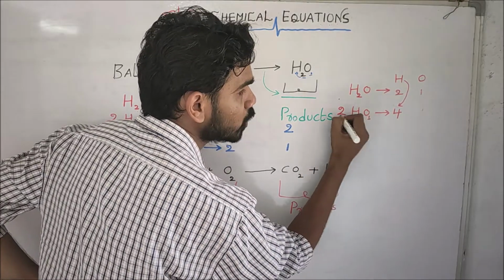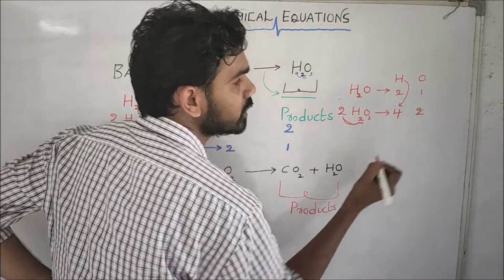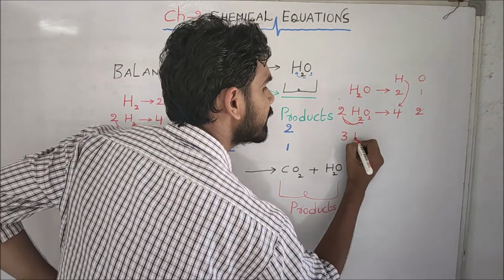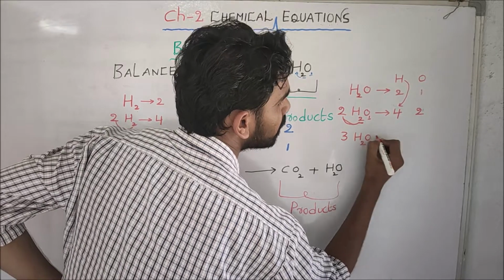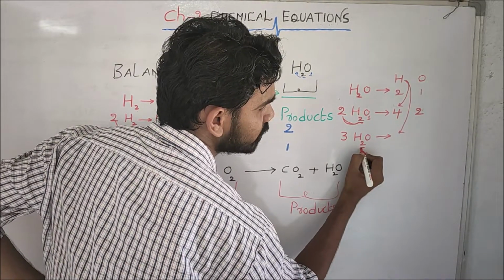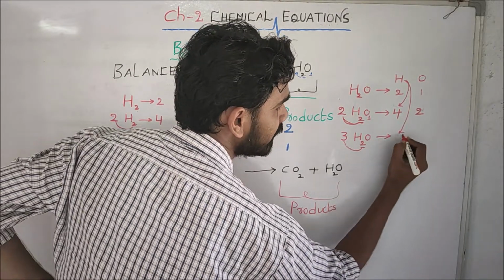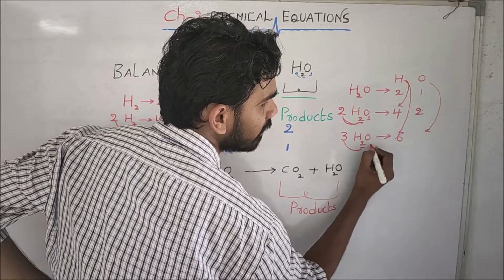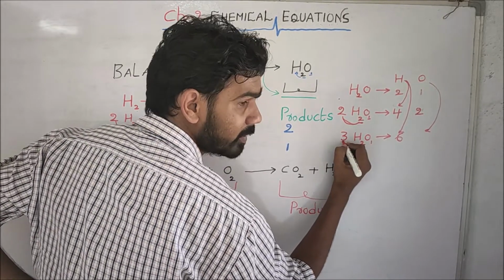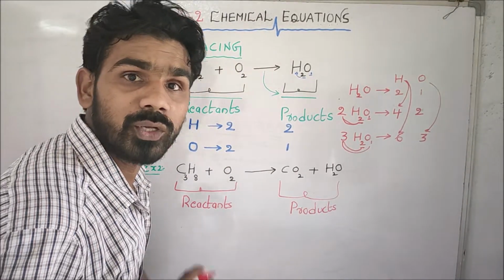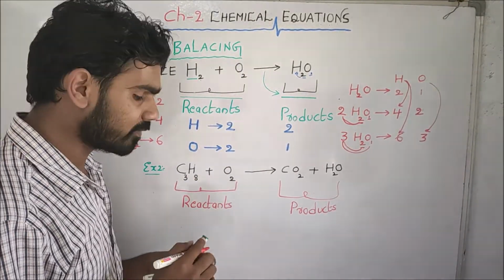But 1 into 2, 1 2 is 2. Now if it is like this, 3H2O, how many hydrogens are there? 2 hydrogens, multiply with 3, 6. But how many oxygens are there? 1, but we should multiply with the front number. 3 ones are 3. So you understood how to write the number of atoms.